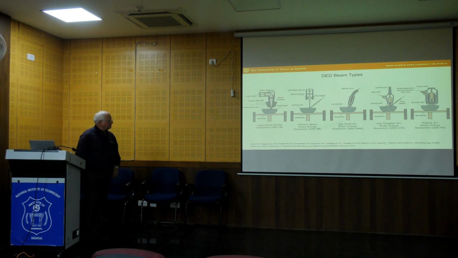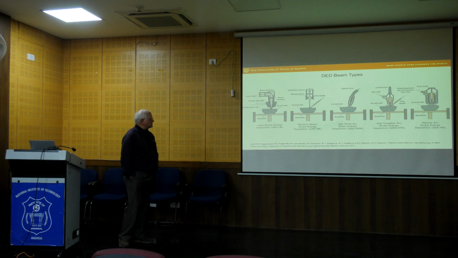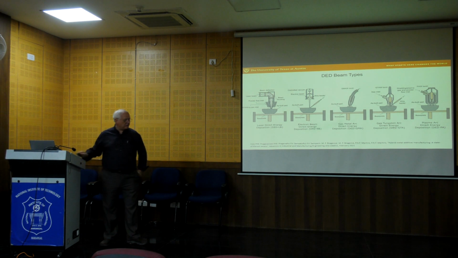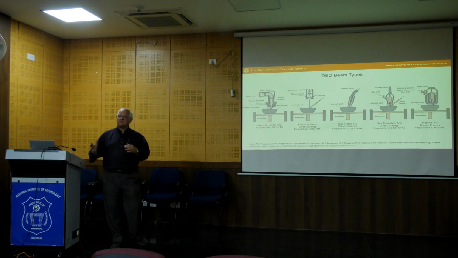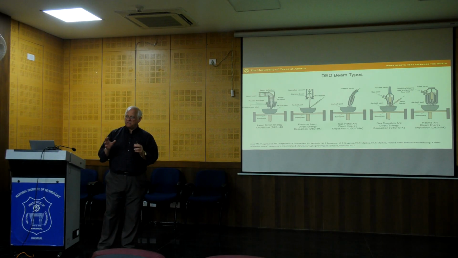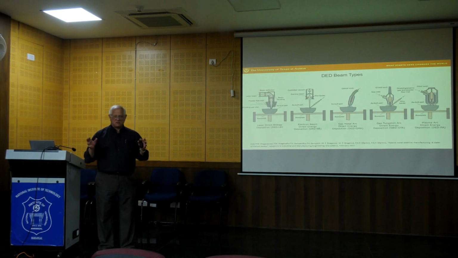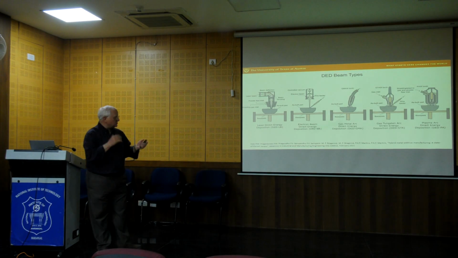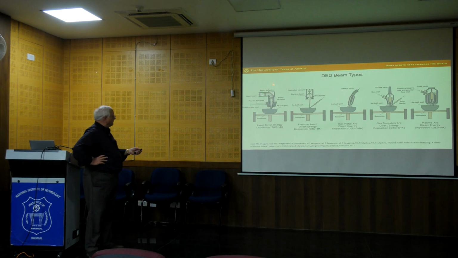This shows the various beam types in more of a schematic form, as well as the feedstock delivery. So really with directed energy deposition, all of the variations deal with the energy source and the feedstock deposition. Here we see the first one is the laser-based machine with the feedstock coming in typically as part of the nozzle.